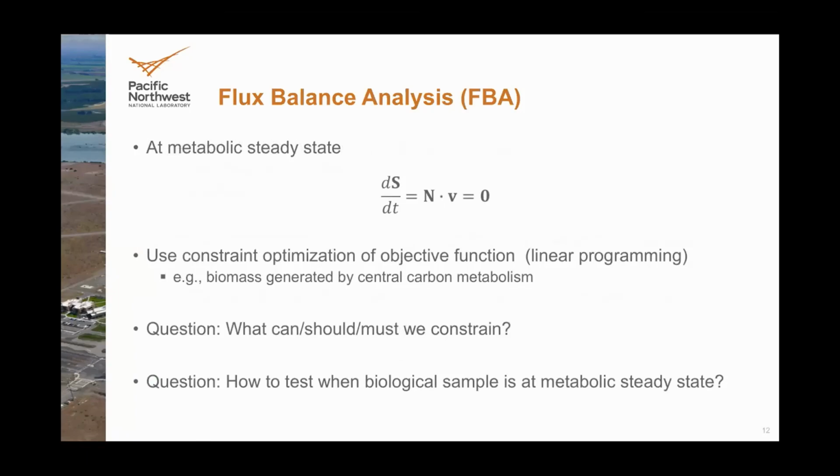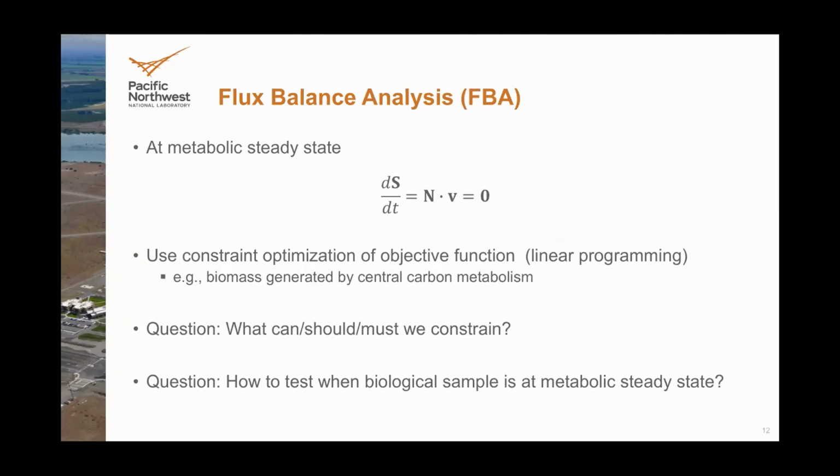And as Hyun mentioned, at metabolic steady state or at quasi-steady state, depending on your terminology, we're equating all of that to be 0. So we're saying that the rates of change of the intracellular metabolites is 0. Then we use constraint optimization, in this case, linear programming. And we might constrain that, as Hyun alluded to, on biomass generation.